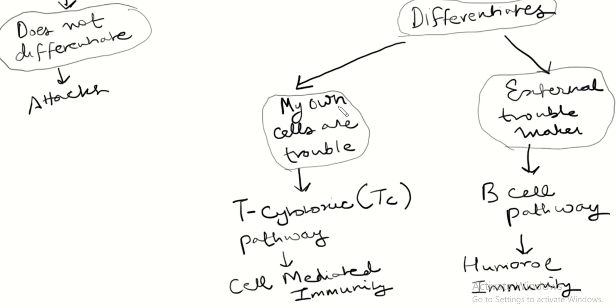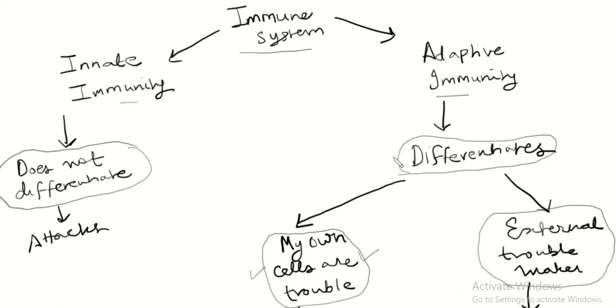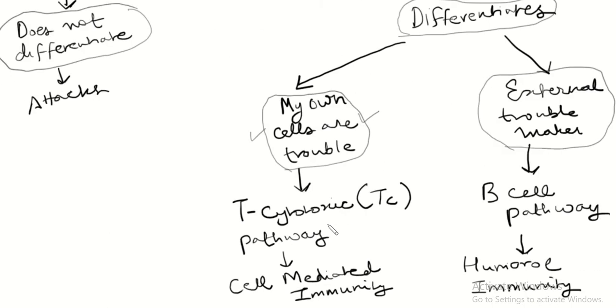If my own cells are troublemakers, or something has gotten inside my cells, and now those cells are being used to create trouble, I have a different pathway for them within the adaptive immune system. And that's the cell-mediated immunity. Why? Because my cells are in trouble.